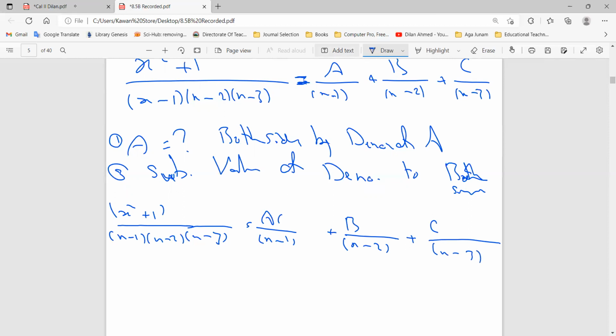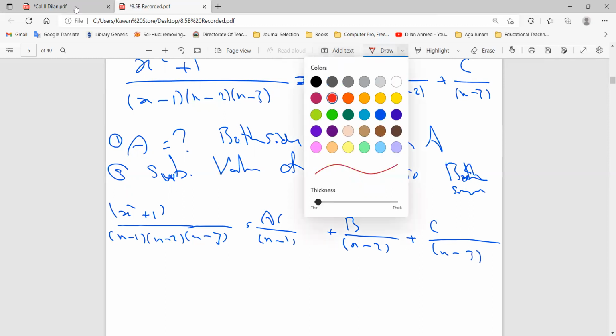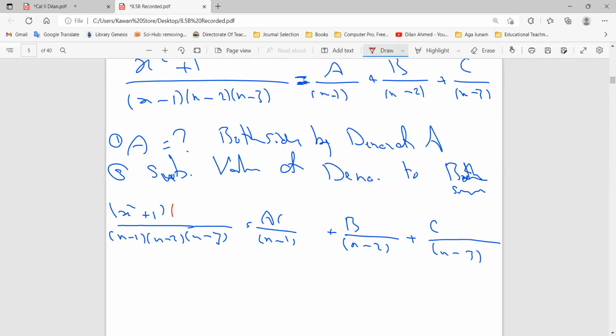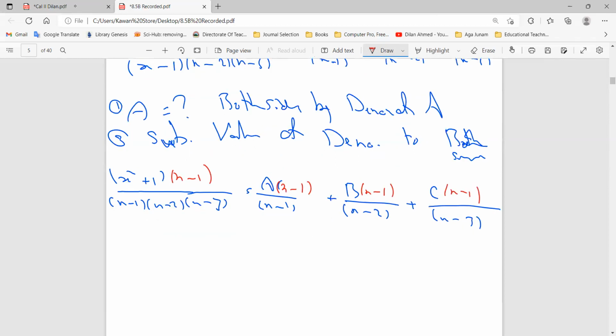I'm going to apply these two steps. First, multiply both sides by the denominator of A. Clear? You can see there's a cancellation, so I'm going to erase them.